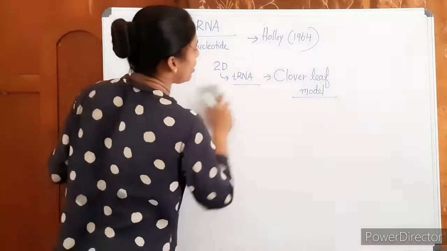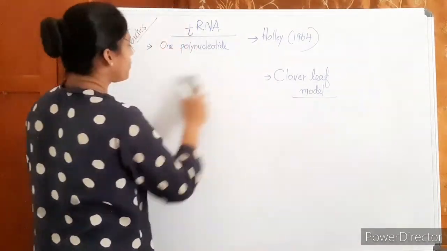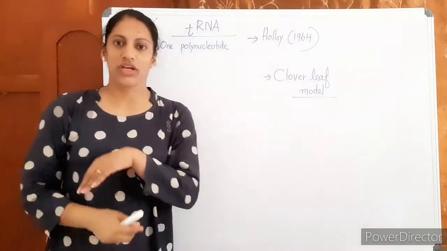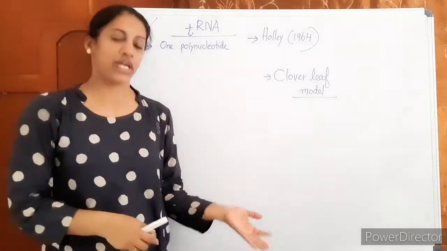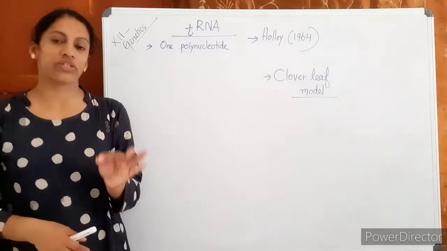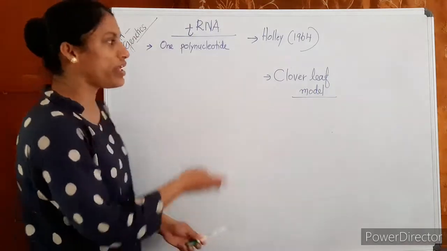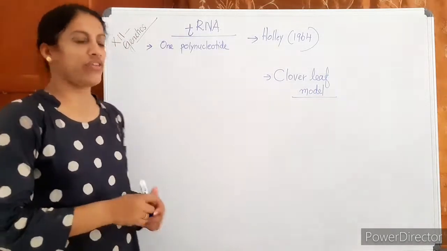It is a two-dimensional structure, not the three-dimensional structure. The normal three-dimensional structure is L-shaped. The structure involved in protein synthesis is the clover leaf model.